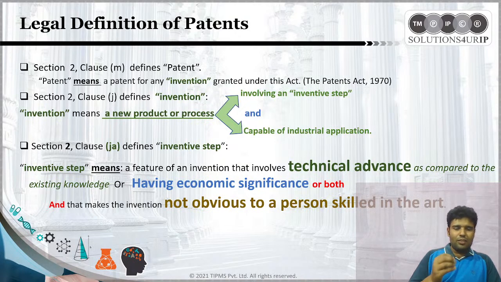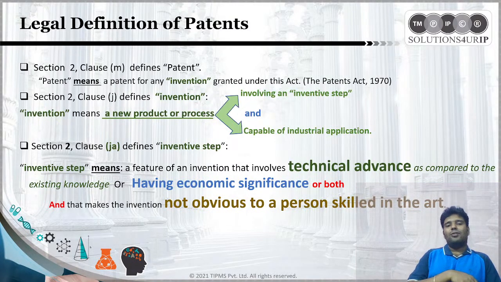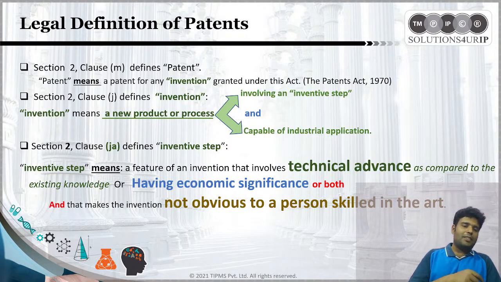That is section 2(1)(j). Then, what is the meaning of inventive step? This inventive step is also defined in the Patents Act 1970 in section 2, subsection 1, clause (ja), which defines inventive step. Very important definition.